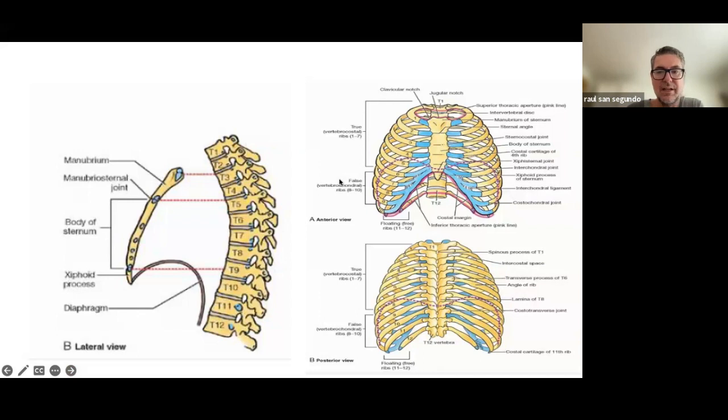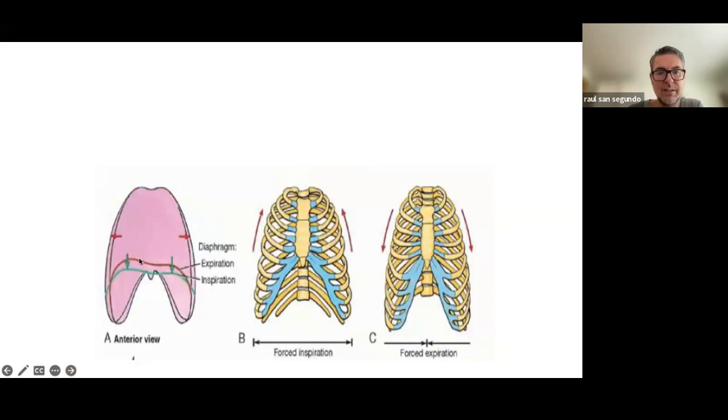When you inhale, the central tendon of the diaphragm is going to go down, is going to lower, and this inspiration movement of the diaphragm is going to firstly lower the vertical region of the thorax, the upper thorax.